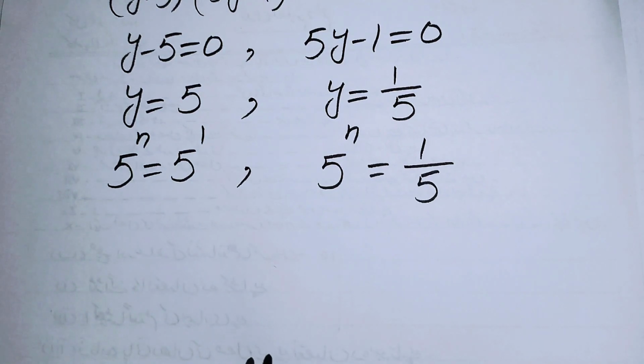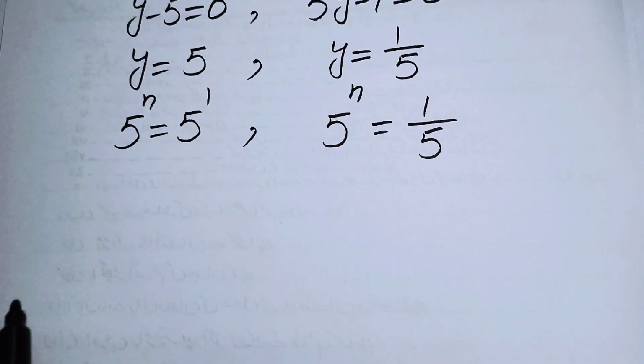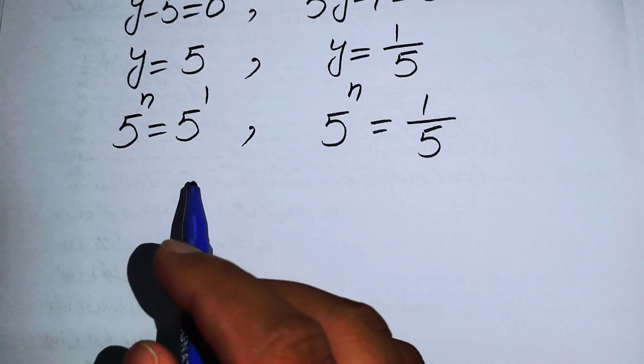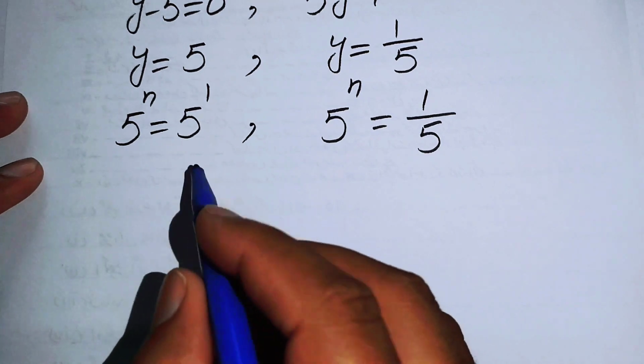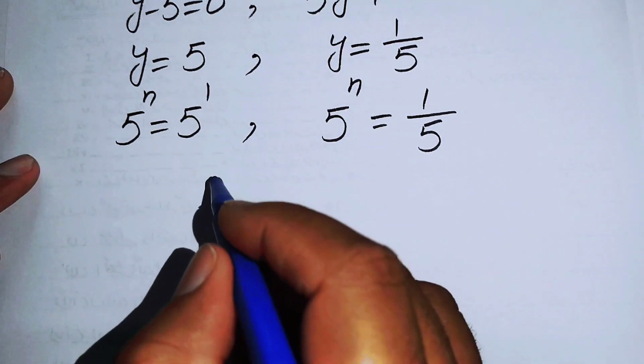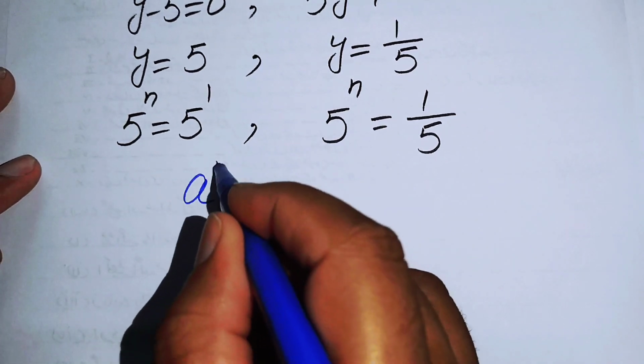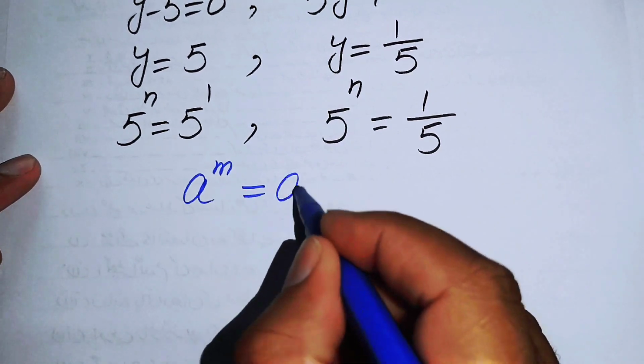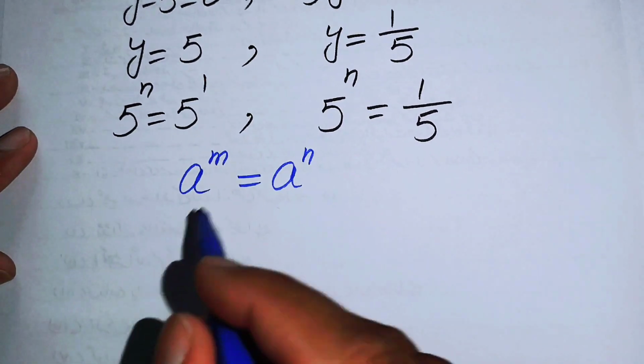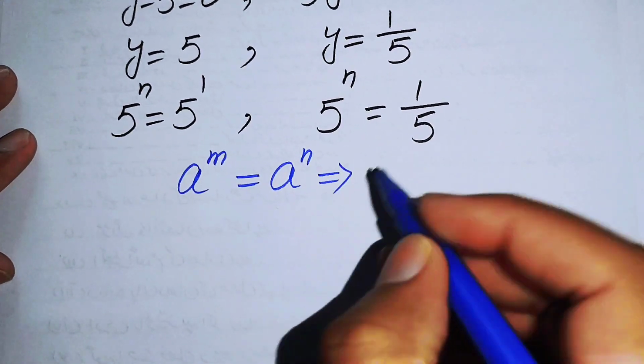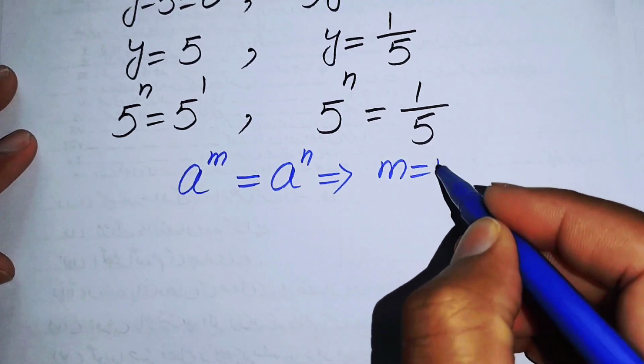So now first you can focus on the first case, and in this case you see that we have 5 to the power of n is equal to 5 to the power of 1, so that here I can apply the nice exponential law. And you know about this law: if we have a to the power of m is equal to a to the power of n, this implies that m is equal to n.